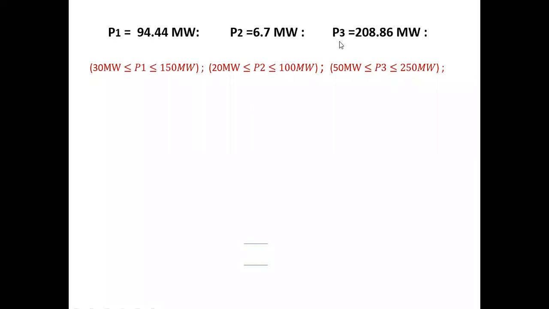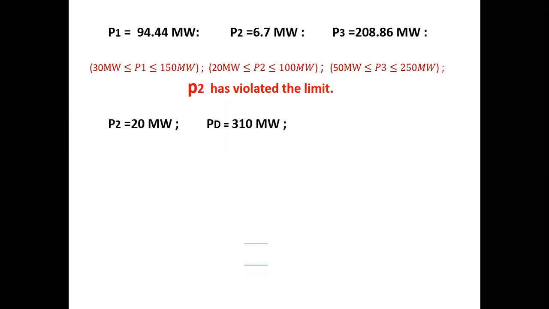So we need to solve this problem. Let us consider P2 at 20 megawatts. And we know the PD value is 310 megawatts, which is fixed. So from this, calculate P1 and P3. P1 plus P3 is nothing but PD minus P2, that is 290 megawatts. How can we calculate P1 and P3?